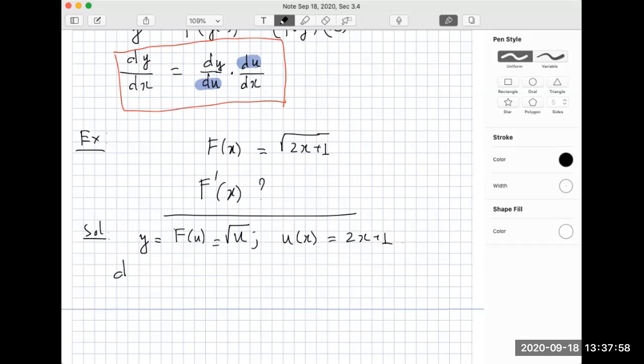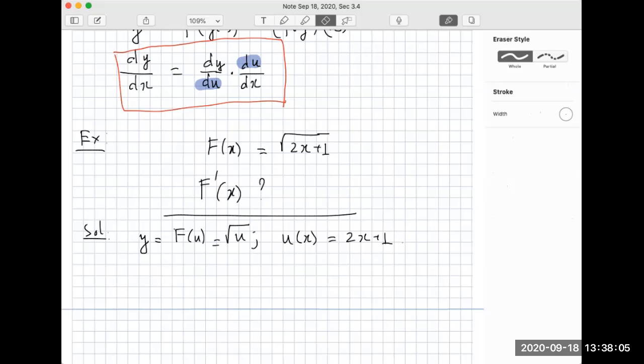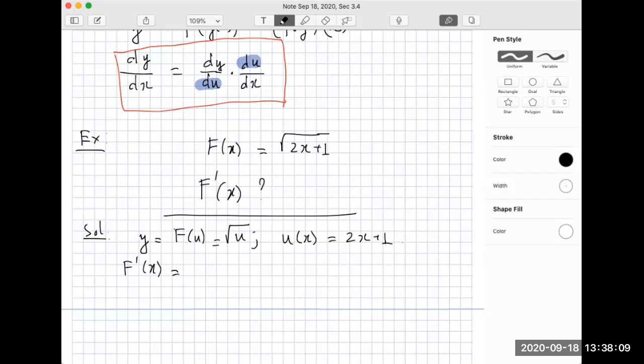And then we need to compute F prime of x, which is dy over dx, right? And from the notation, we know that, what is it, Drake?